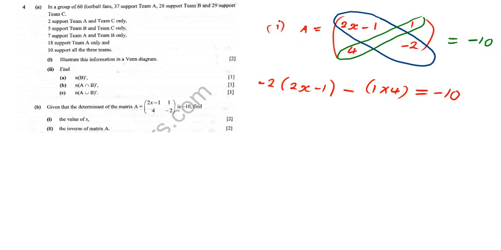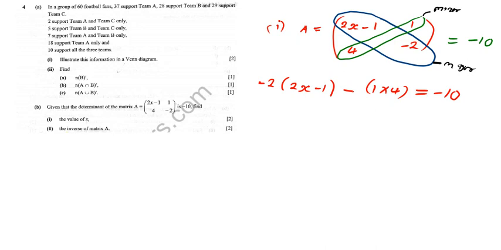So this one was our major diagonal, and this one was our minor diagonal. Here it is always a minus. We don't use any other sign. Always use a minus.